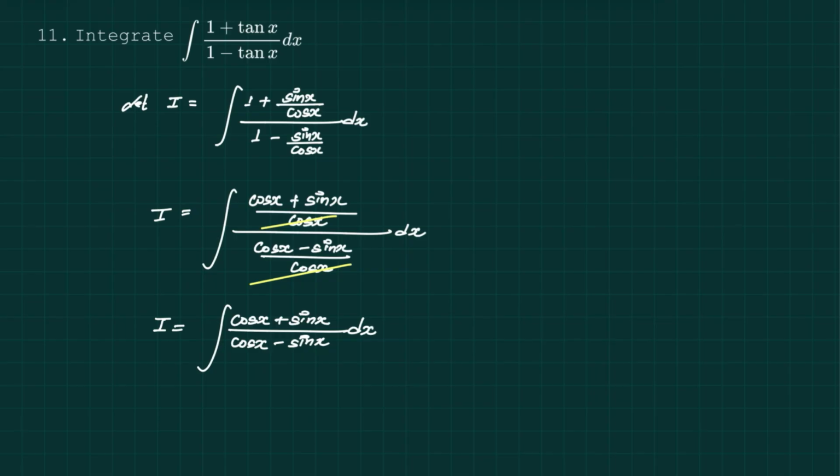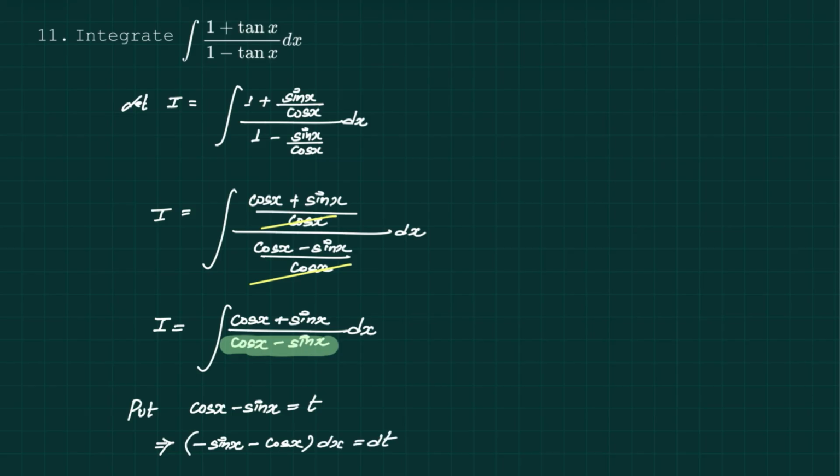Now let us assume this denominator to be t. So put cos x minus sin x equals t, and differentiating with respect to x, we will have d/dx of cos x is minus sin x, minus d/dx of sin x is cos x, into dx equals dt.